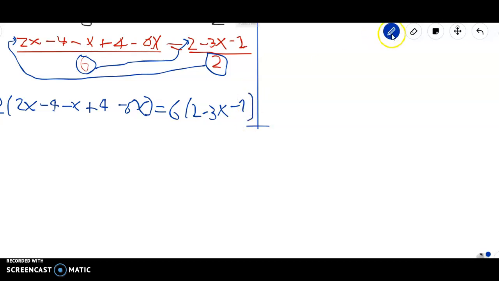Now, next step, we have to use once again the distributive property. So 2 times 2, 2 times minus 4, 2 times minus x, 2 times 4, and then 2 times minus 6. Now, how can we start solving this? So let's start little by little.